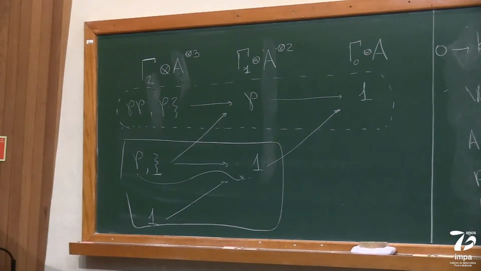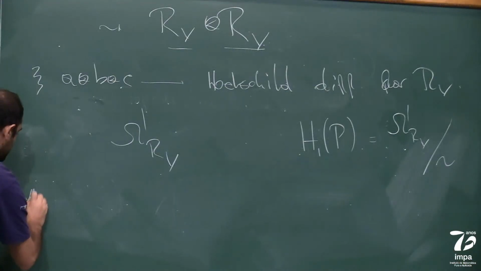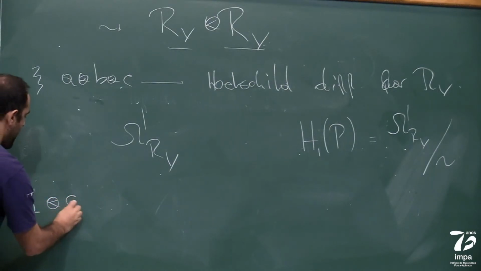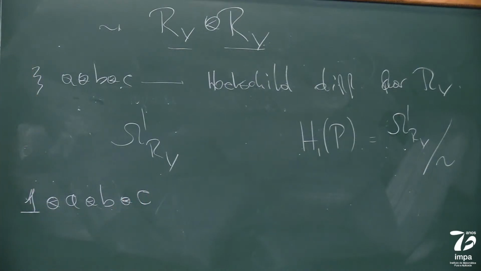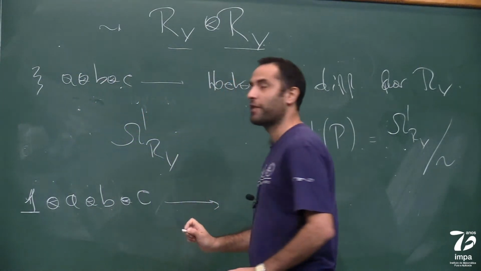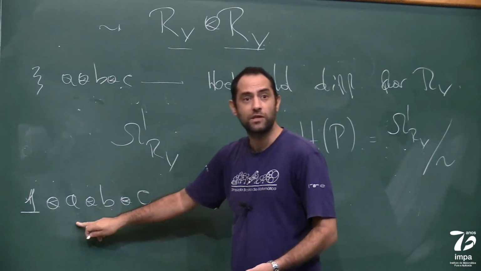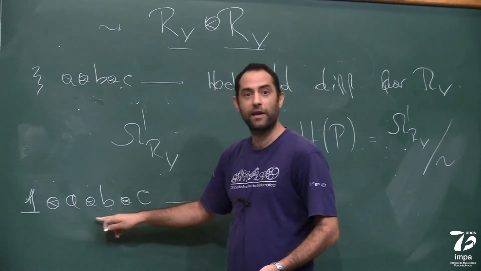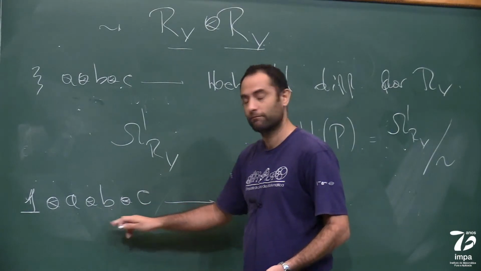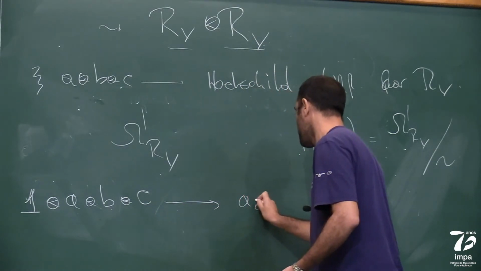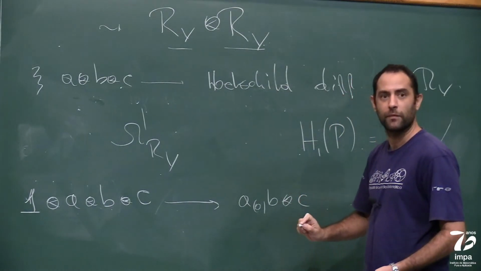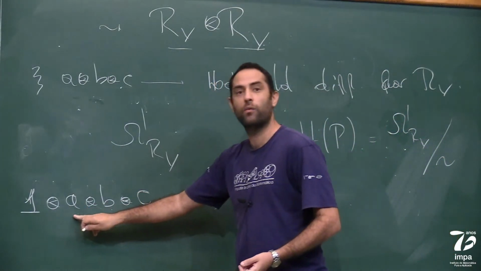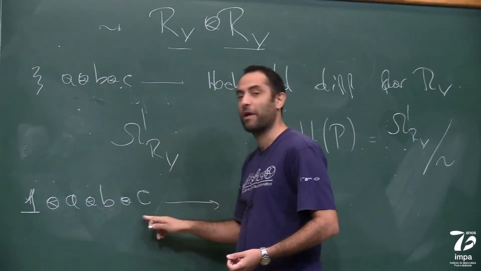So what is that? Well, I look at 1 tensor A tensor B tensor C, and I need to apply the differential of that thing, and now it was a residue. So the only thing I need to take is the 0th product. So I get A 0B tensor C. When this thing is regular, I only get the residues when I apply each one of them.